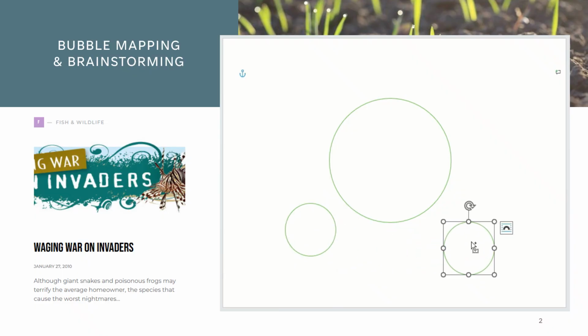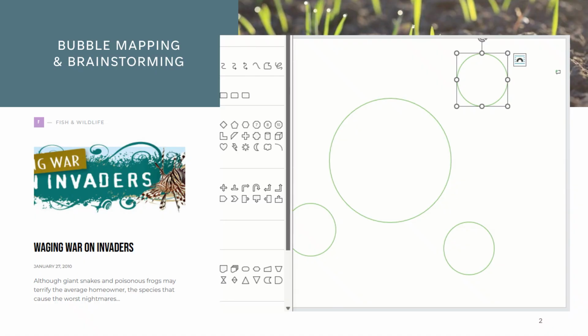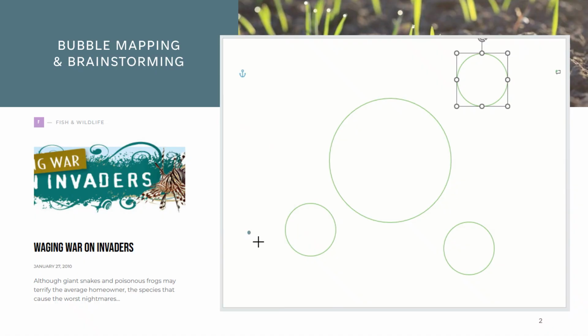One there, one over here, and one over here. And then I'm going to make two more smaller ones for each of these. So a little guy here. Bring him there, there, there, there, and there.